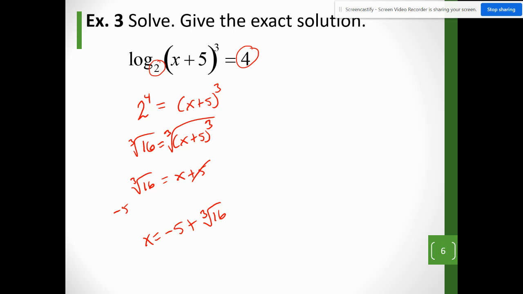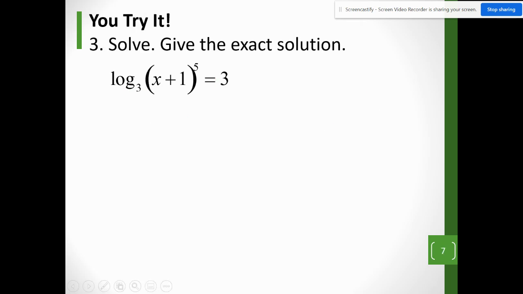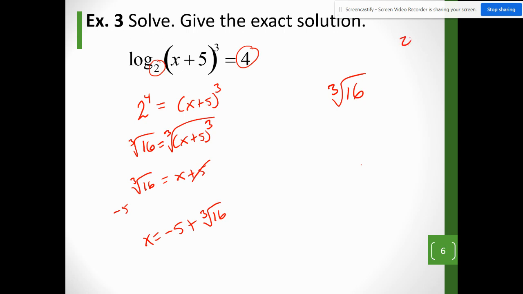A few chapters before, we learned how to simplify radicals. The cube root of 16. I'm thinking 2 to the 3rd is 8. That's a perfect cube. So I can write this as cube root of 8 times cube root of 2.